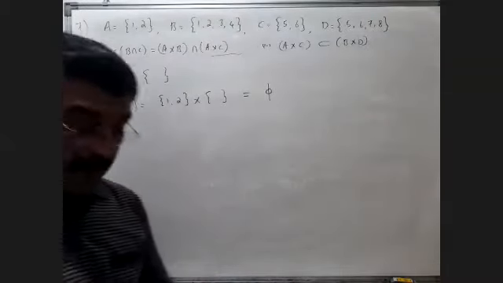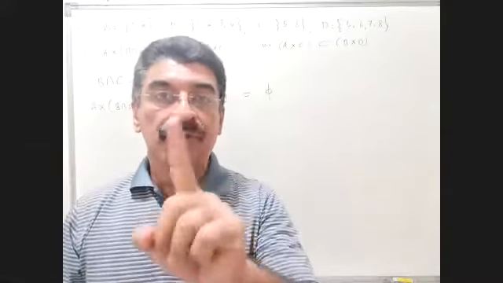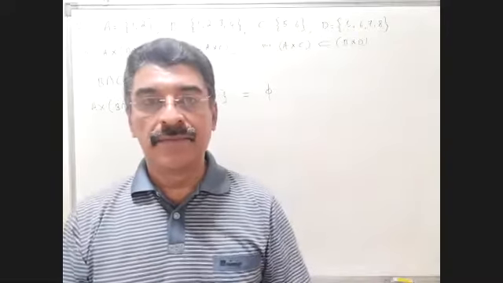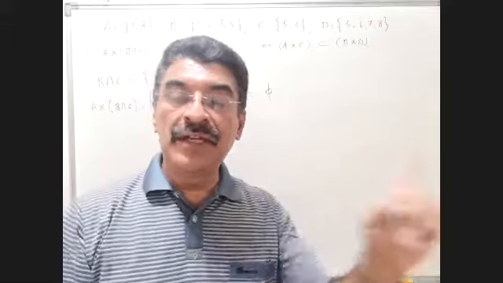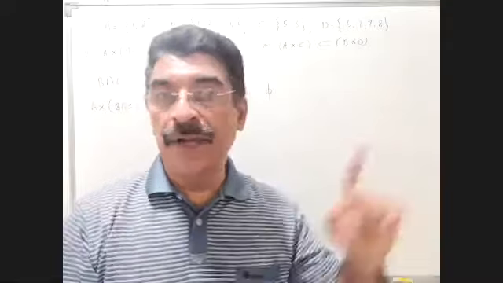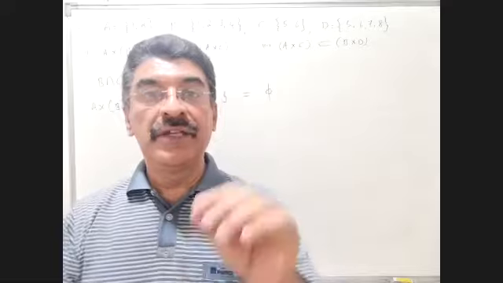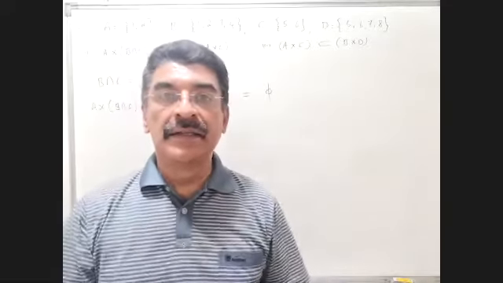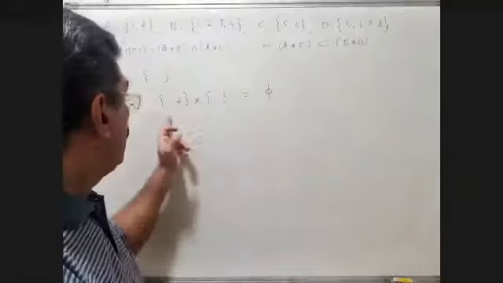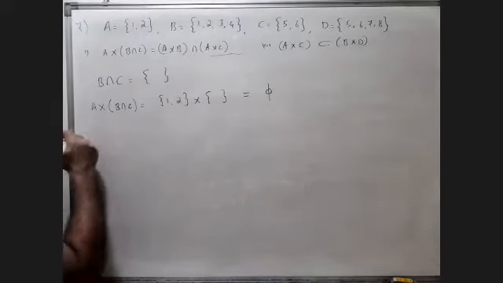Remember, in A cross B, we wrote that if one of the sets has infinitely many elements, then in A cross B also we have infinitely many pairs. At the same time, if one of the sets is empty, if nothing is there, then definitely in the cross product also nothing will be there because nothing can be paired. So it is fine. So A cross (B intersection C) is empty.